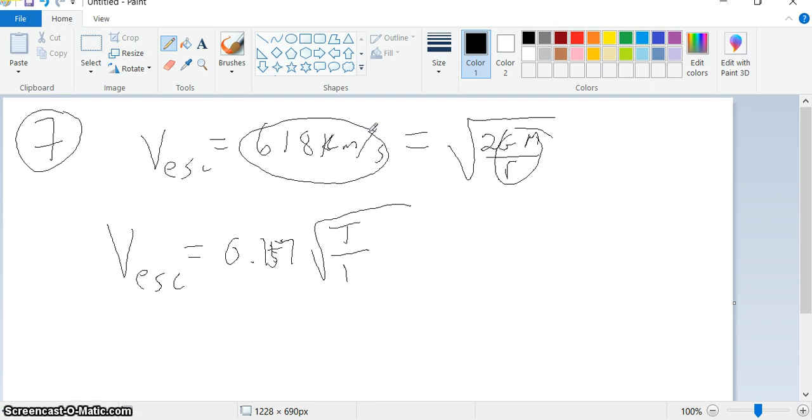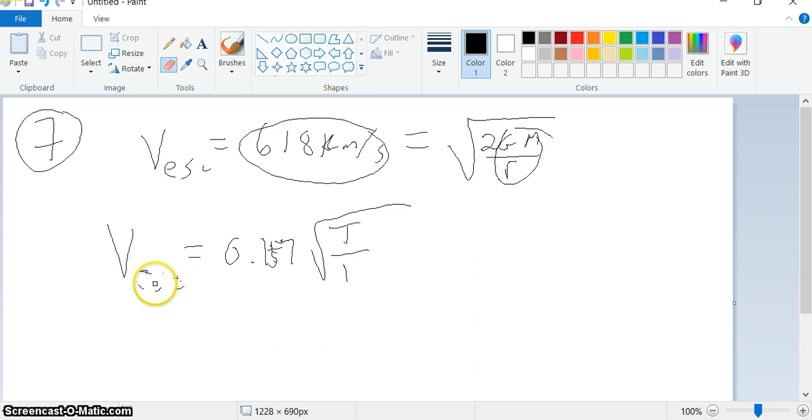Actually, sorry, this isn't the escape speed right here. This is just the speed of a gas. Here, let me erase that. Don't think about the escape speed right here.